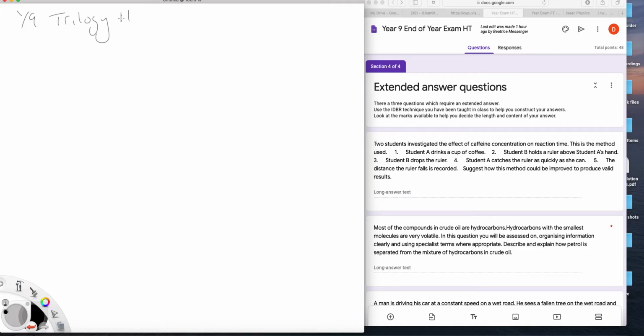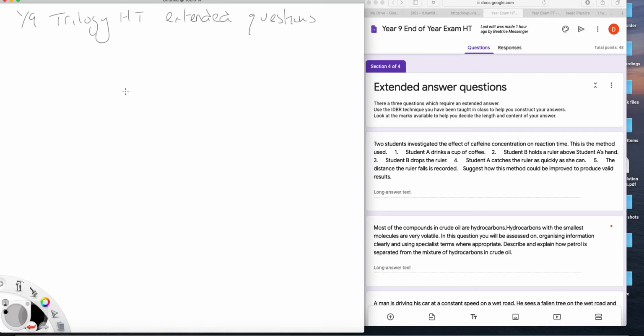Okay, so the higher tier extended questions then. I'm not going to go through this blow by blow because you've got the mark scheme for these and you don't need me to tell you the things you need to say. But it's important to realize that there is some flexibility around the marking of these questions.